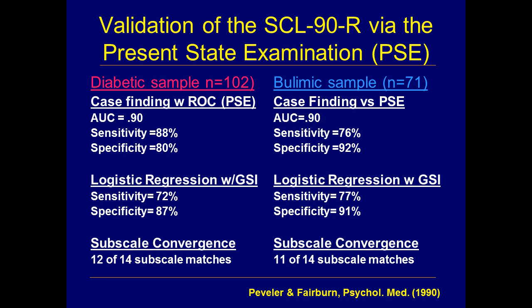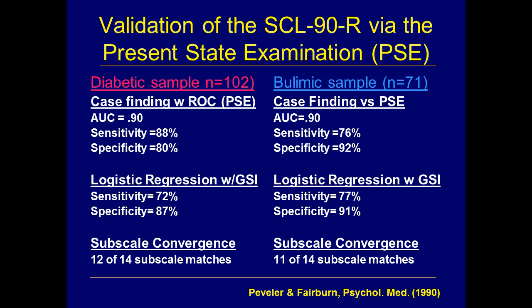Whereas the SCL90R takes 12 to 15 minutes, typically. So what they did, they used the present state examination as a criterion, and they contrasted the predictive power of the SCL90R with the present state examination using ROC analysis, which is a regression, a logistic regression technique, without getting into the details of it.